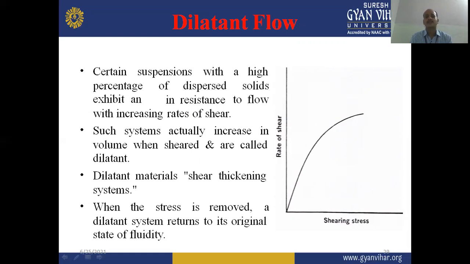Such systems actually increase in volume when sheared. So when we apply the shearing force or shearing stress, they can increase their volume. And it is known as dilatant type of systems, and the behavior is known as dilatant flow behavior. So dilatant materials are also known as shear thickening systems.